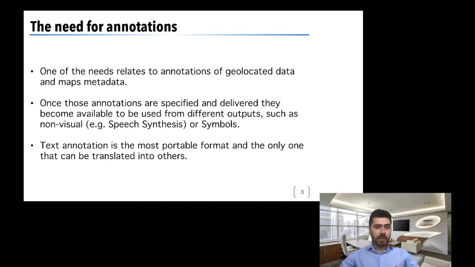And this is very important because text annotations is the most portable format and the only one that can be translated into other formats. So we start from the text annotations and then we can deliver data and the information for different user needs.